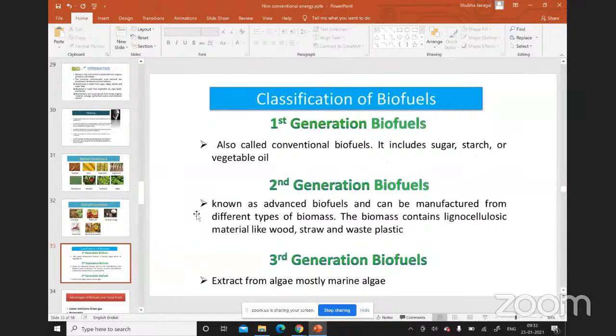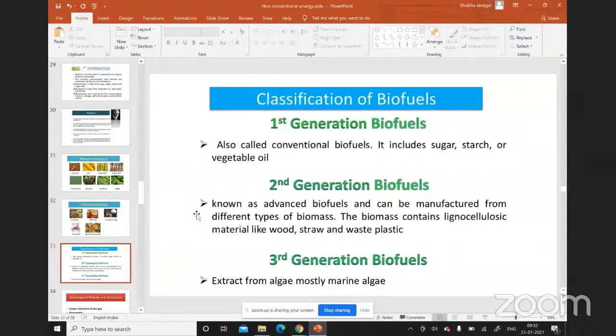Basically, they generate the cellulose-containing chemicals from these materials and then use that to manufacture biofuels. And the third generation biofuels are mostly algae and other marine algae and other creatures.